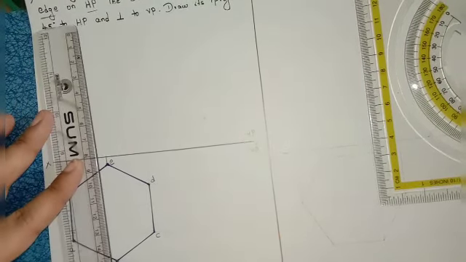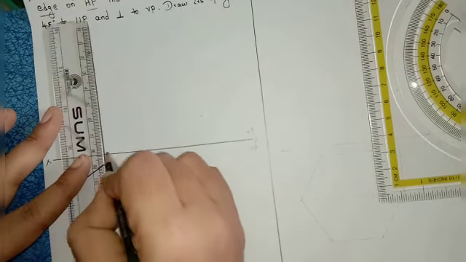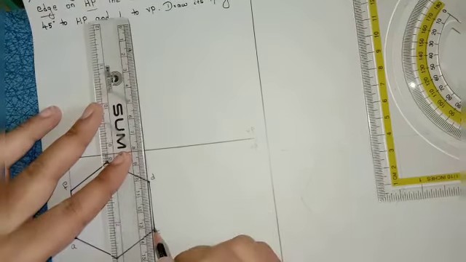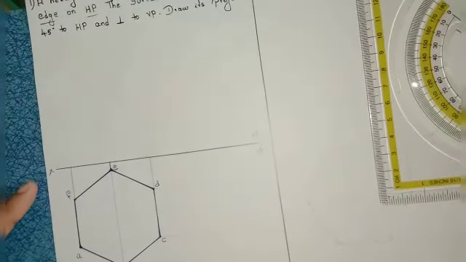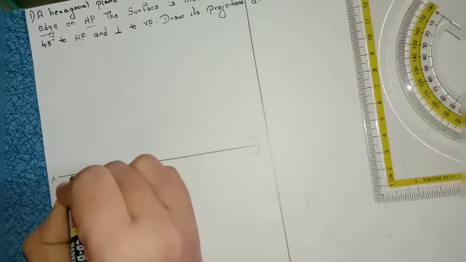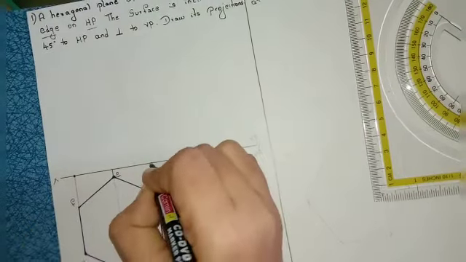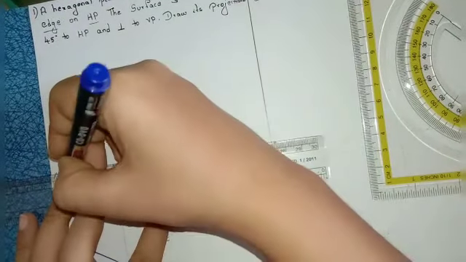Again from B, from E, I will draw a line and project till this reference line. Again from C, D, draw a line, project till the reference line. Now from this point to this point, now draw a line here.